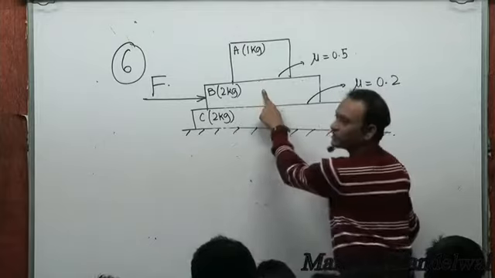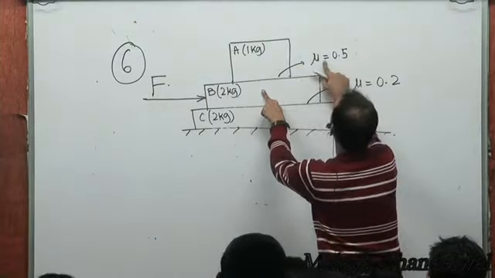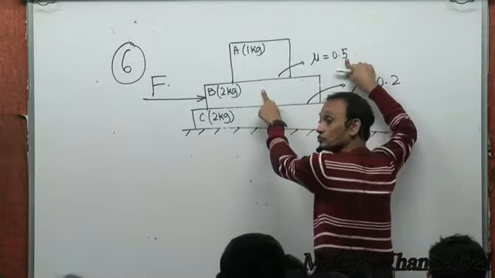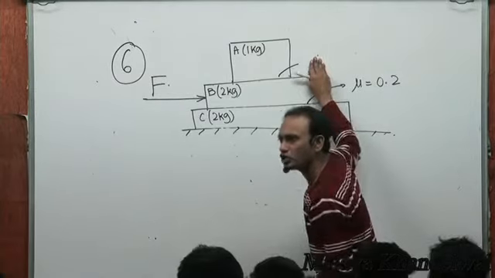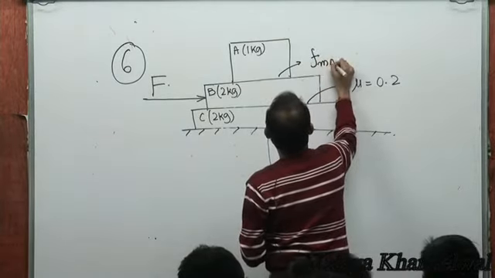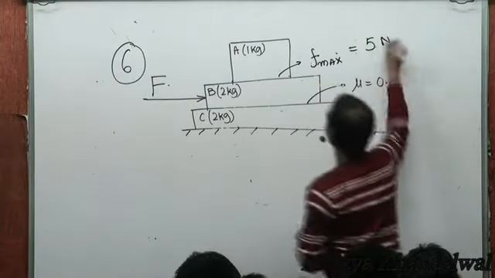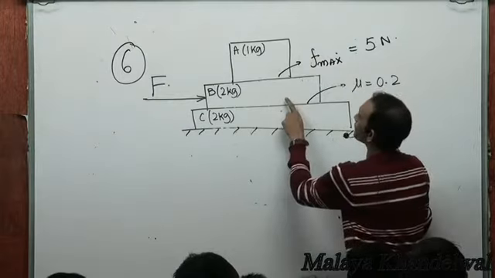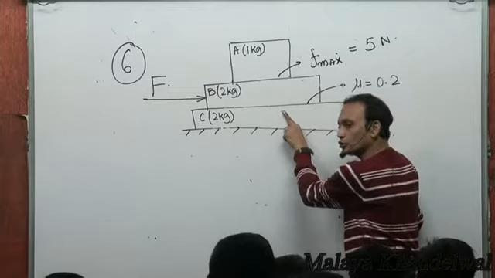10 newtons is the normal reaction between the two. So F max would be 10 into 0.5, which is 5 newtons. Right? F max at the AB interface is 5 newtons, yes or no? Now, the normal reaction between B and C is what? 30 newtons.